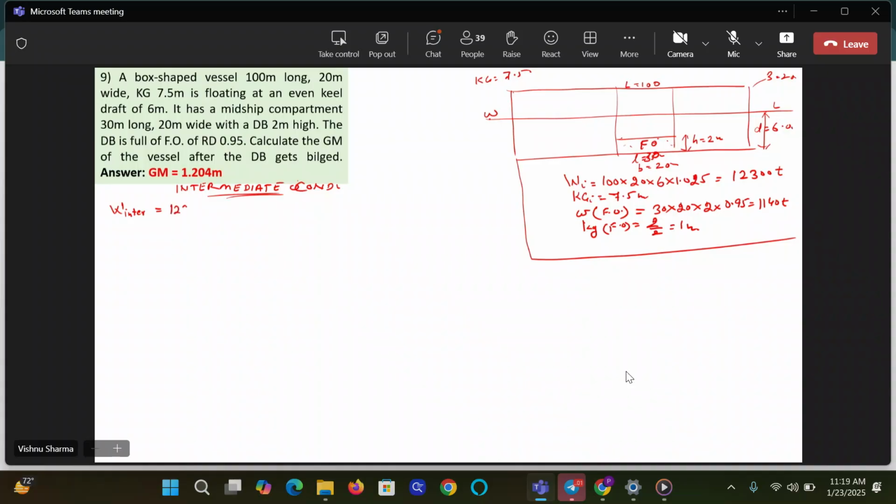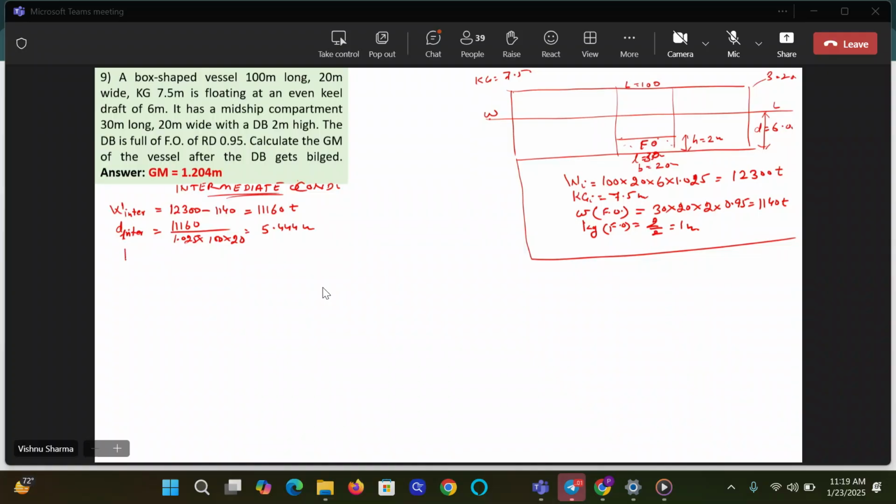It is 12,300 minus 1140, that is 11,160 tons. We get the draft in the intermediate condition, not the final draft: 11,160 by 1.025 divided by 100 and 20, 5.444 meters.